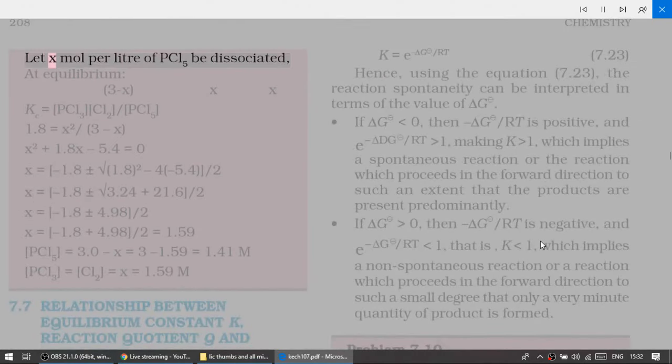Let x mol per liter of PCl5 be dissociated at equilibrium.